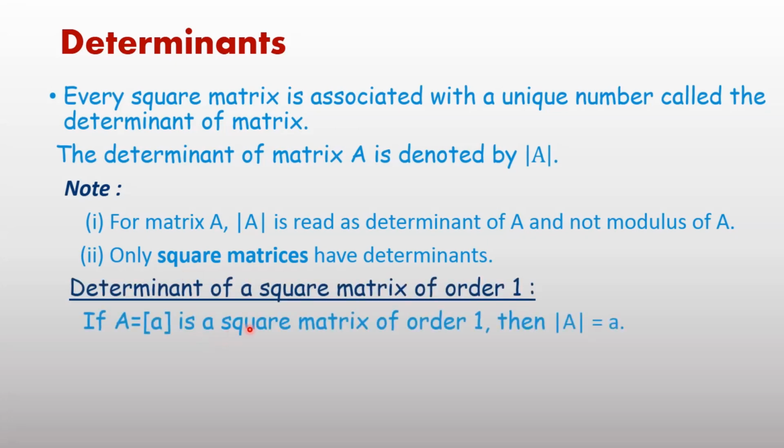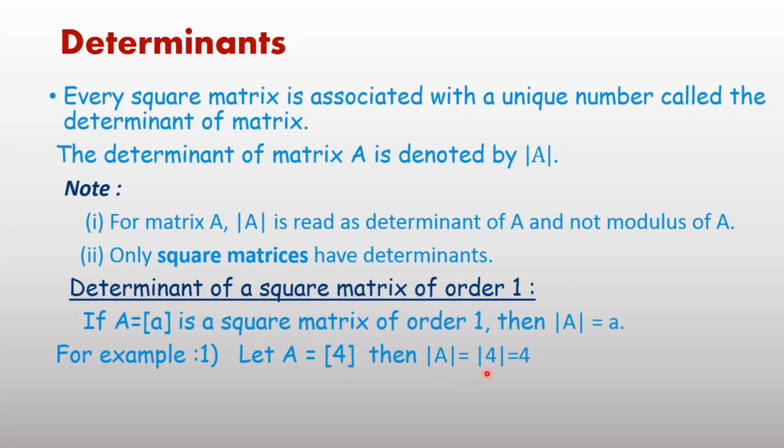If any matrix of order 1 by 1 is given, order 1 by 1 means it is a square matrix. If order 1 is written, it implies order is 1 by 1. For example, A equal to [a], only one element is there. Then determinant of A equal to a, that number. For example, matrix A given as [4], only one element is there.